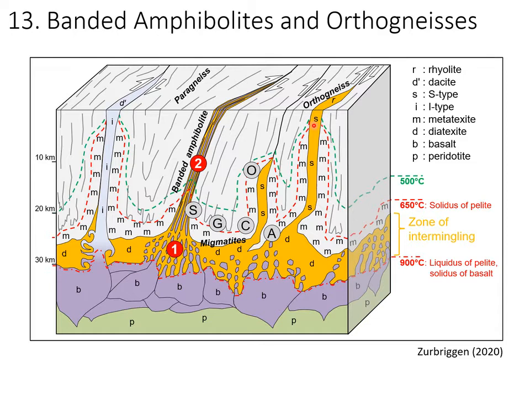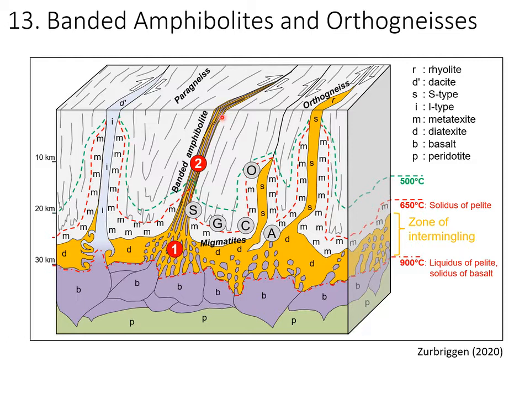Now in this model, the banded amphibolite formations are intermingles of basalts and greywacke magmas, and these interminglings are from time to time also soaked into gaps of shear zones, and they solidify and are mylonitized, and this, I think, is one way to produce banded amphibolites.